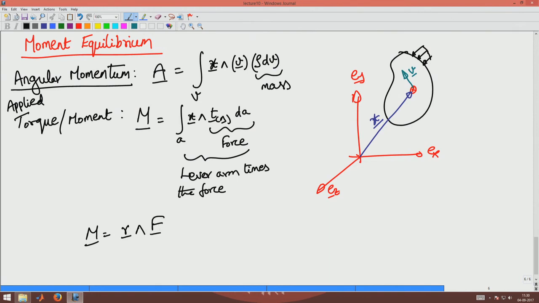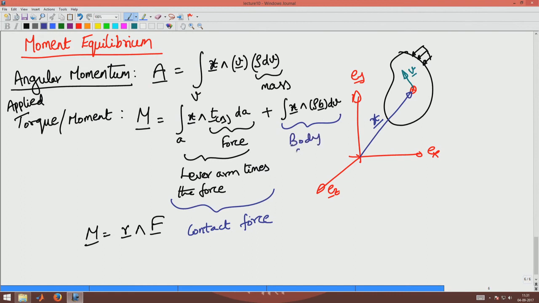That will be the moment applied on the body, plus the integral of x cross rho b dV. The first moment is due to contact force and the second is due to body force.